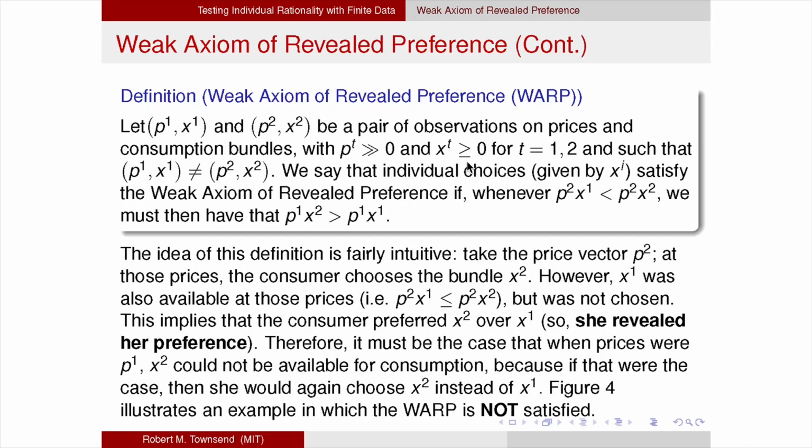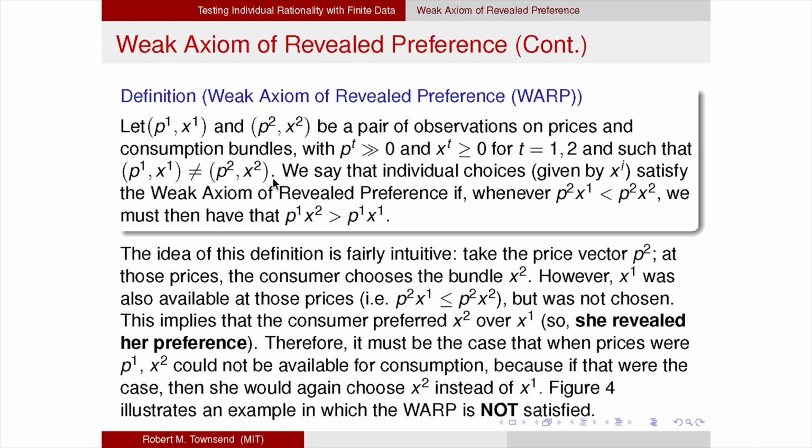But that's confusing because it raises the dynamic issues and everything else. So T is really only meant here to index the data point. There are two data points, and hence two values for T. And let's suppose it's not trivial, so these choices are different.